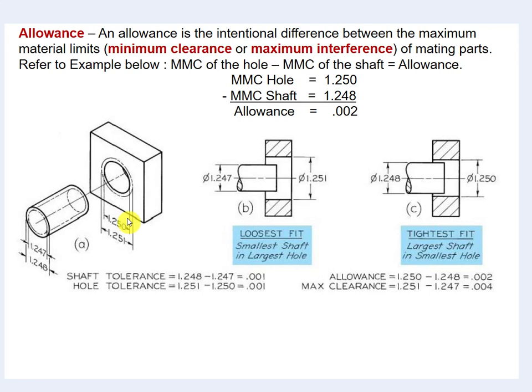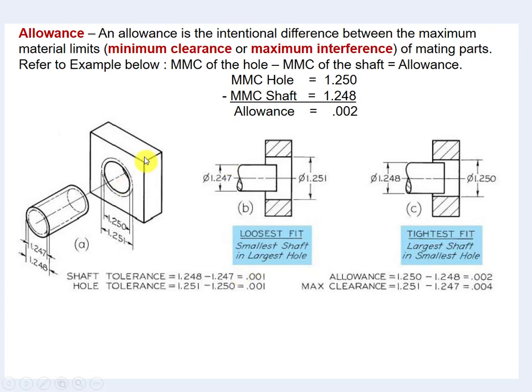So, guys, the maximum material condition for the shaft is the largest shaft, while the maximum material condition for the hole is the smallest hole. The least material condition for the shaft is the smallest shaft. The least material condition for the hole is the largest hole, because you are removing more material, so it will be lighter.